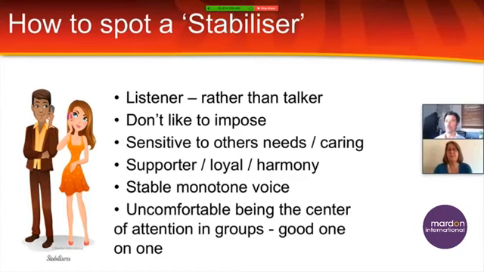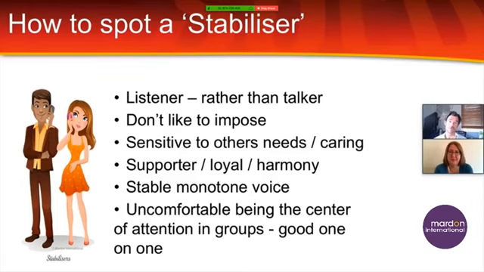Sorry, Georgina. I was just going to cover the last point. They are quite uncomfortable being the center of attention in a group, because they're not looking to express and be heard. They're there to listen. So they're really good in one-on-one situations. You can feel really safe and really understood when you're having a one-on-one conversation with a stabilizer.